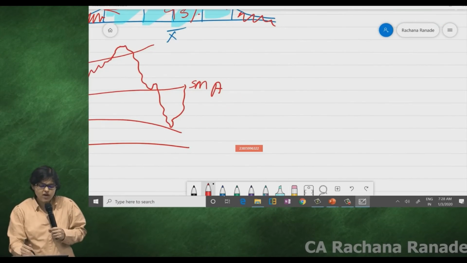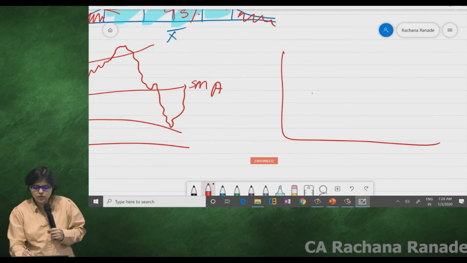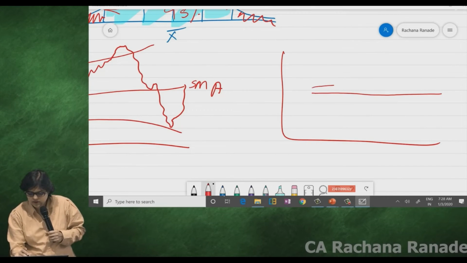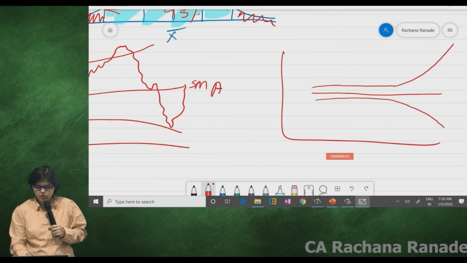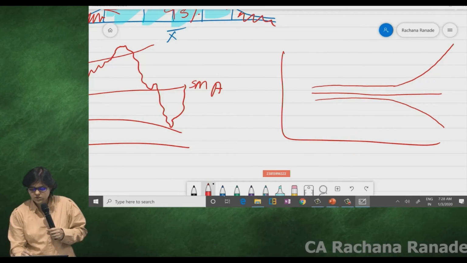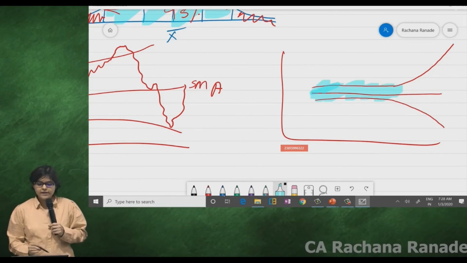But for the 5% category, if you remember, I had talked about one concept, and this was known as what? Very good. We called this a BB squeeze. Bollinger Band squeeze.